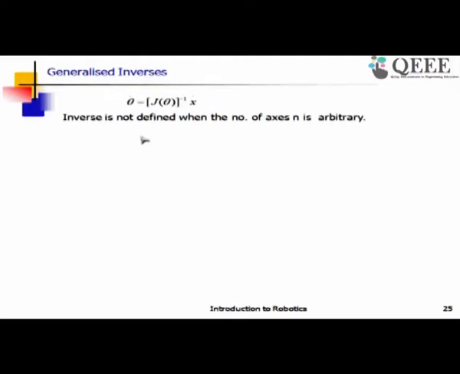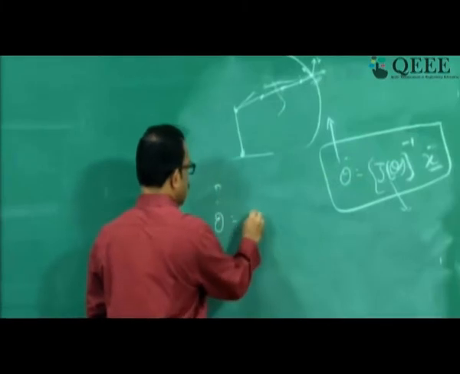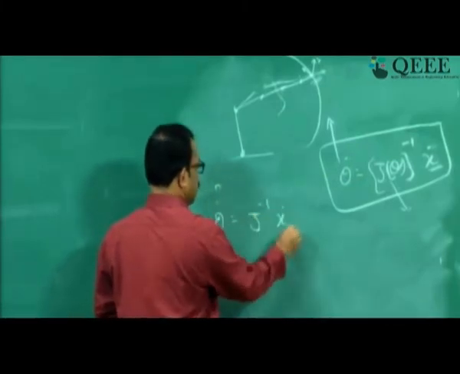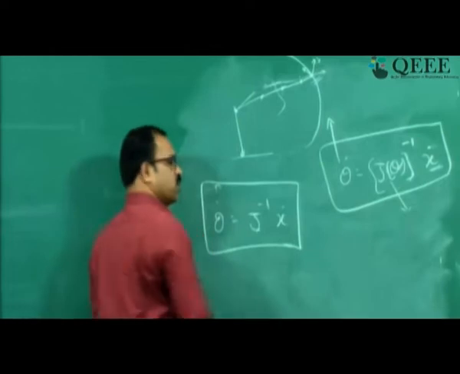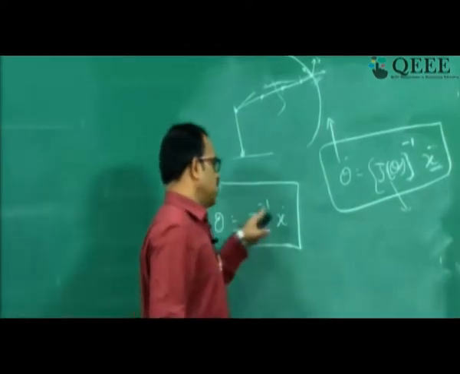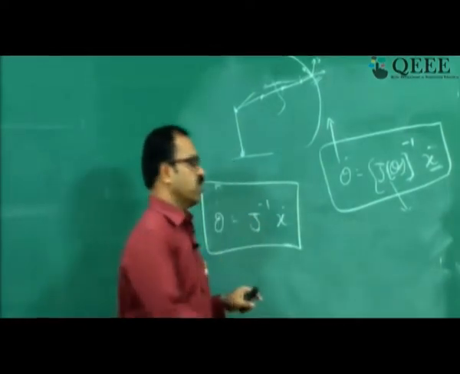Just one more thing about this Jacobian inverse, and then I will stop. We discussed that theta dot is J inverse times x dot. Another practical difficulty with respect to the Jacobian is that J inverse is defined only for square matrices.